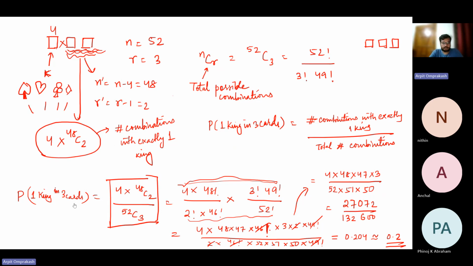It has a place to calculate the factorial, so you can just write 52 factorial into whatever you have.